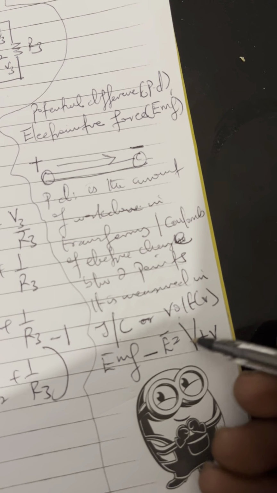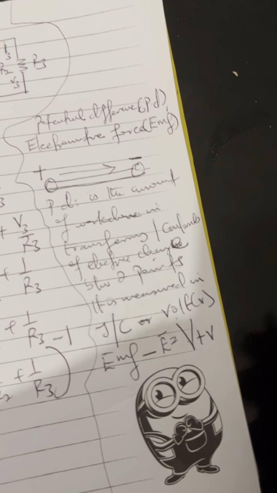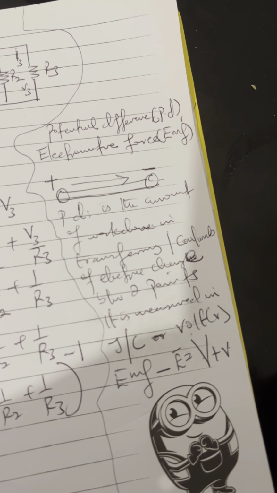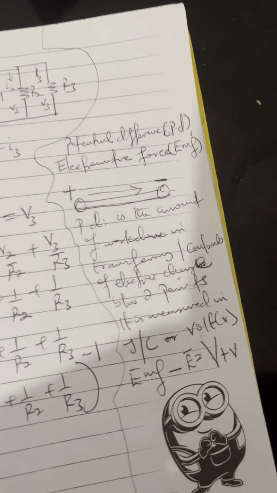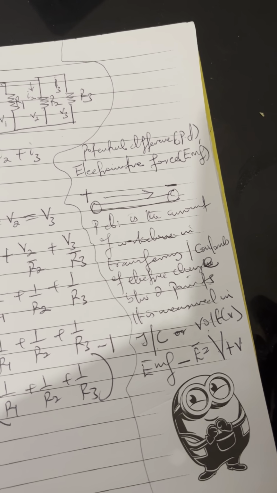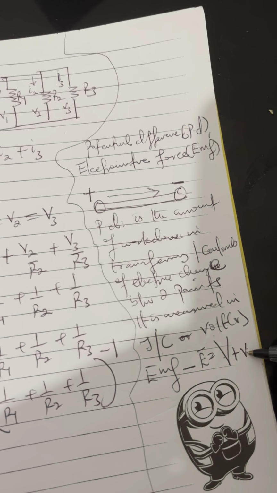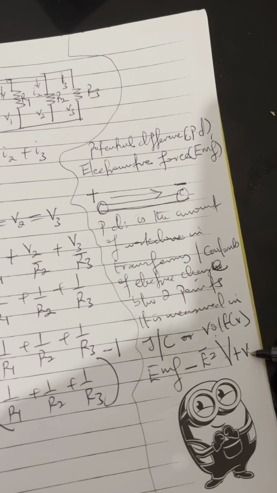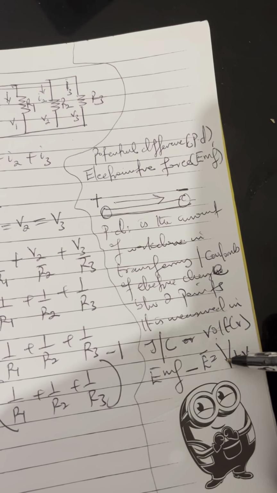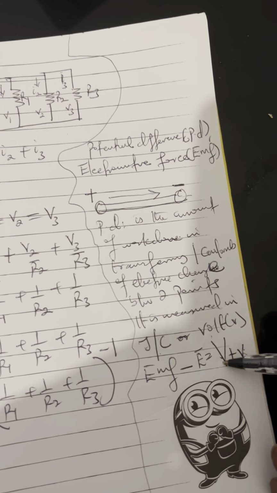The big V is the terminal voltage, which is called the terminal potential difference. The small v is the voltage across the internal resistance of the cell. The big V is the voltage across the terminal of the circuit, the terminal voltage.